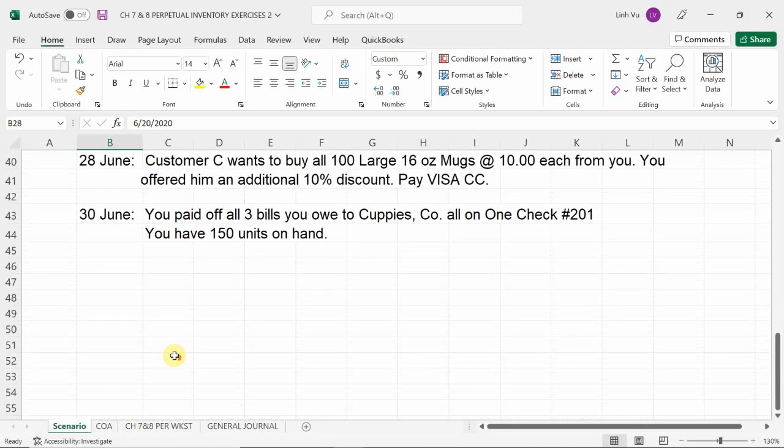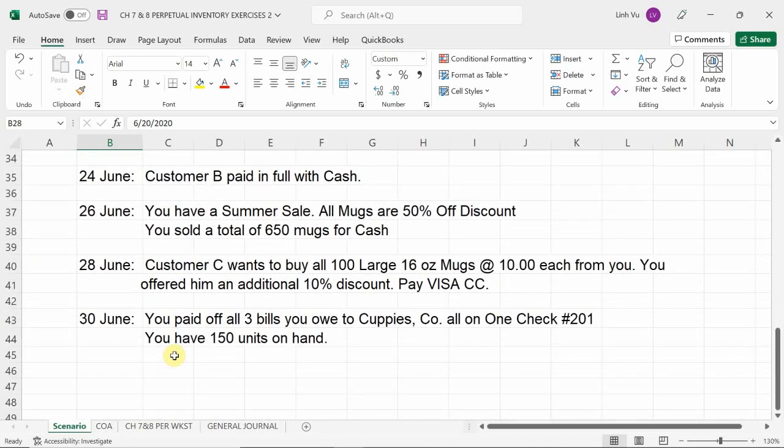And because we're writing a check, right? So what am I going to be expected to know when I'm journalizing this? If I'm going to pay all 3 bills that we owe to Cuppy's Co., and we're going to pay it all on one check, not a paycheck.